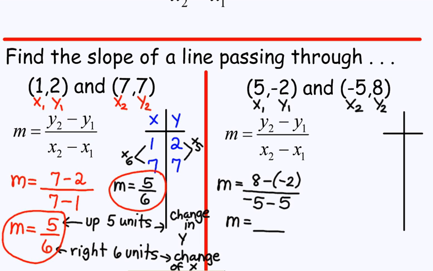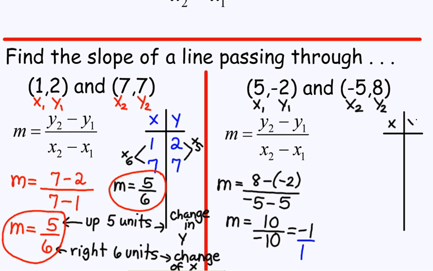Now 8 minus a negative 2 is like 8 plus 2, which is positive 10. So if I have 10 divided by negative 10, that will simplify to be negative 1. Which if I were graphing, I would want that to be over 1. It would mean go down 1 on my y-axis and to the right 1 on my x-axis.